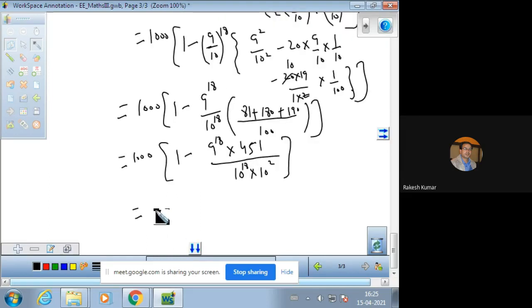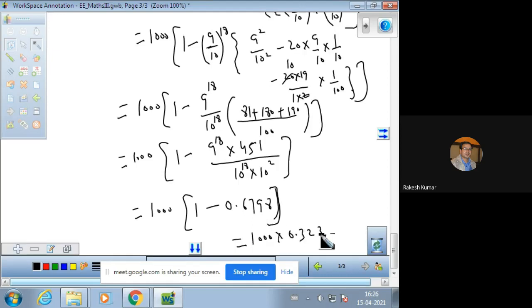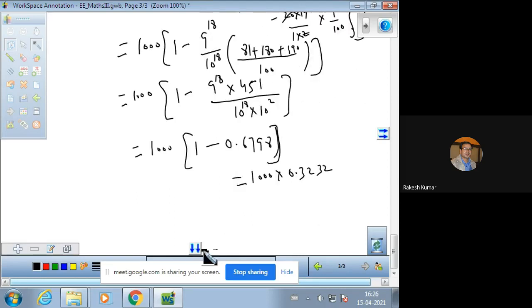You can calculate, this come out to be 1000, and that will be 1 minus 9 raised to power 18 into 451 over 10 raised to power 20. That comes out to be, after calculation, 0.4798 is the required value, and after simplification, this is 1000 into 0.3232. So after multiplication with 1000, you will have 323.2. So this is your required value.